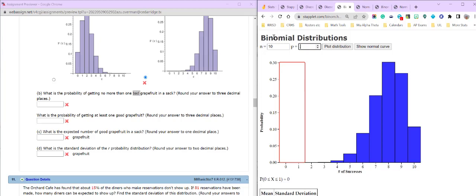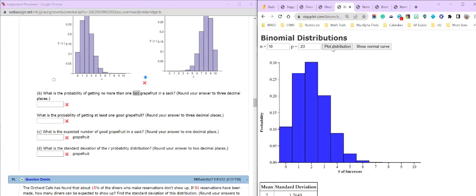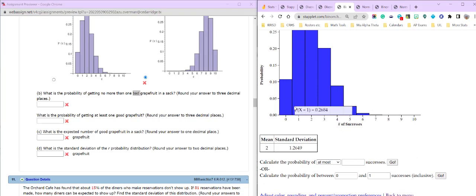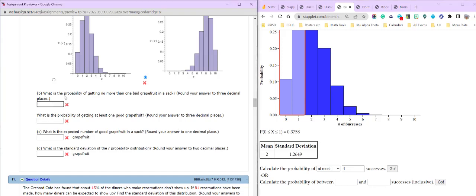I'm going to change it to probability for bad grapefruit. Now it makes sense. Okay, so probability of 0 or 1, at most 1, we go, and it's 0.3758. If you don't like that at most 1, you can say between 0 and 1. Say, oh, that feels more comfortable for me. And you should get exactly the same answer.